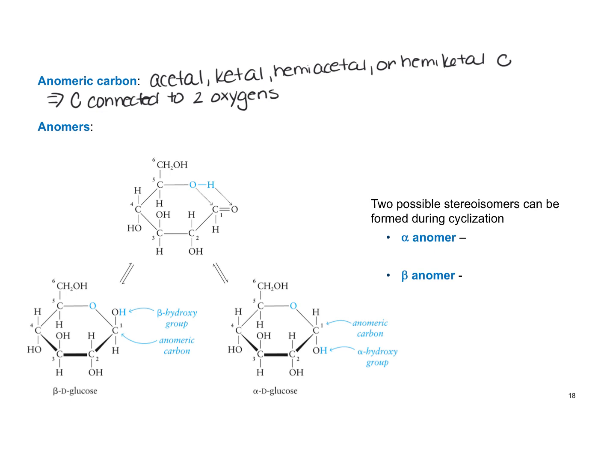Now, one of the things that we notice is once we form a ring, we end up with two different stereoisomers, and these are called anomers.